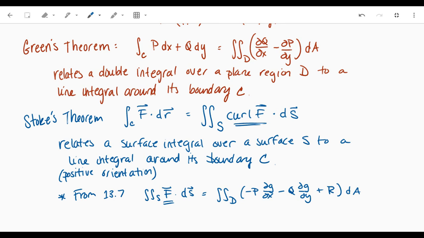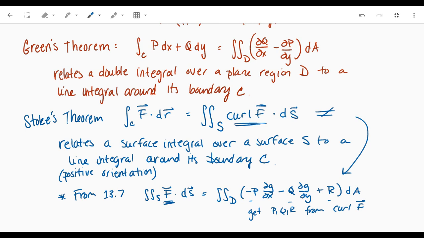The surface translates to be the same thing, so we'll use what we learned in 13.7. I don't want to say this is equal to this, because it's the curl of F that we're going to use to get the P, the Q, and the R from, and use that same relationship.